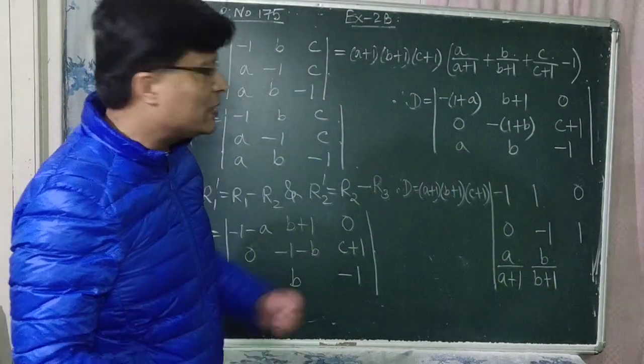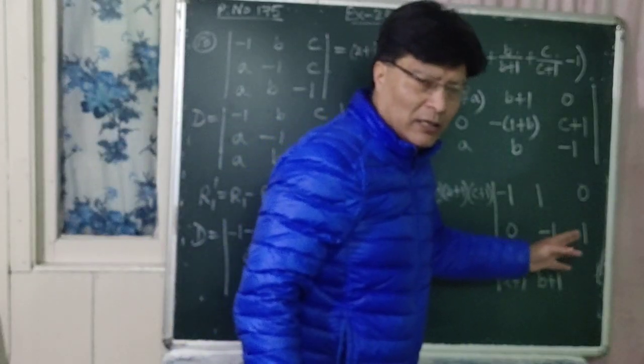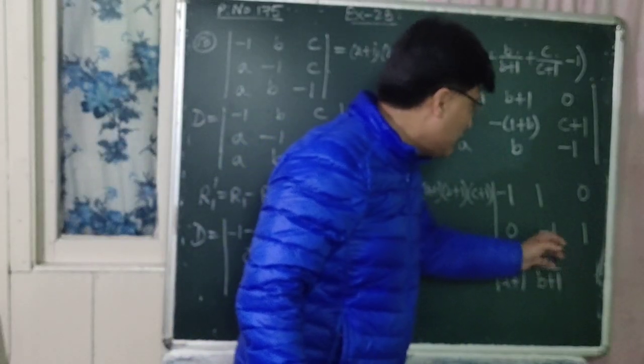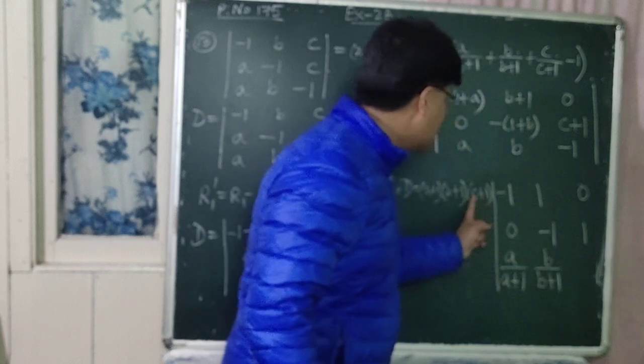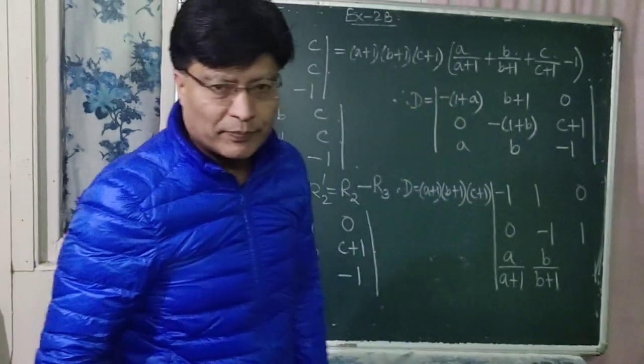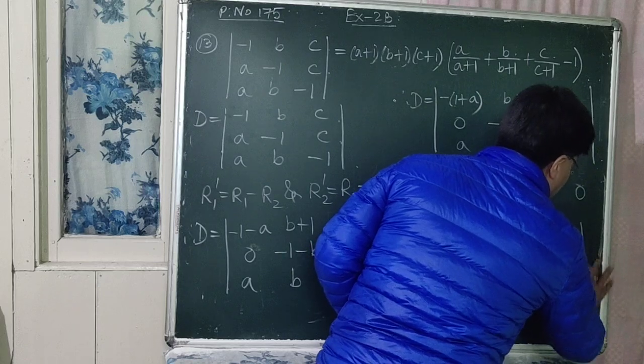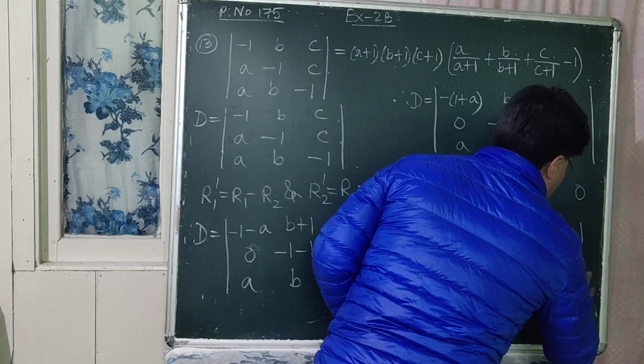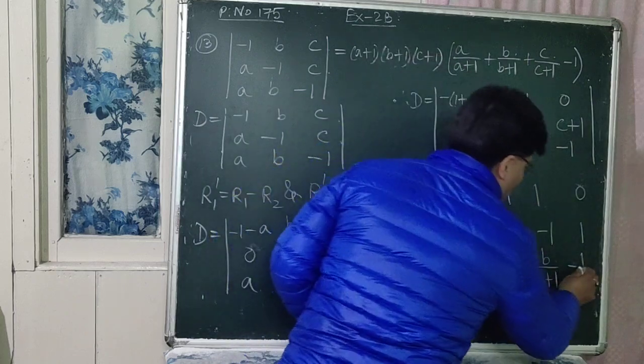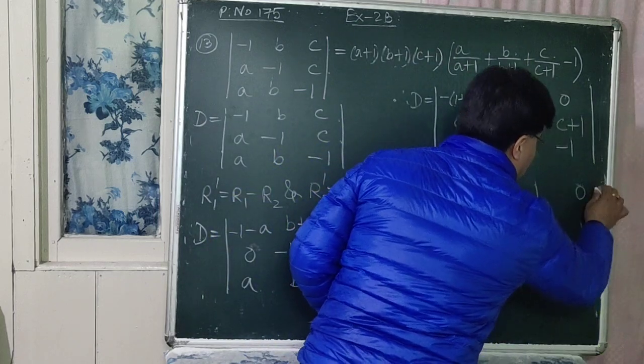What is the third element in the third column, so that if you multiply this element by C plus 1, you should get minus 1? What is the term there? Minus 1 upon C plus 1.